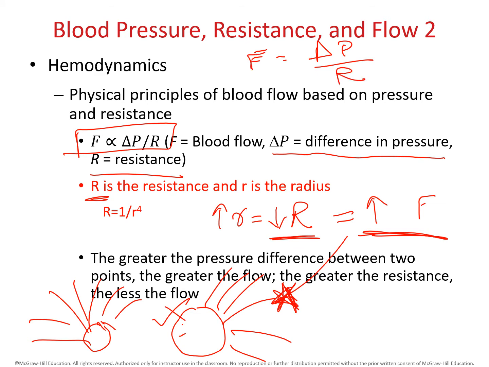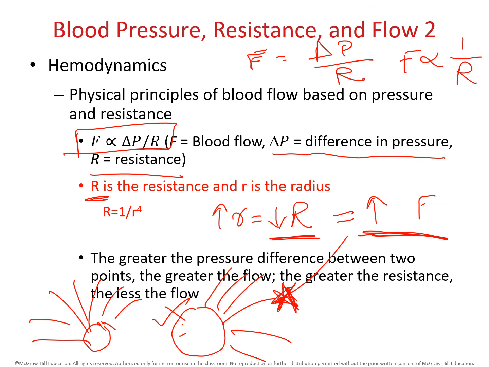So if you just look at the formula and if you've taken a little bit of math, you can tell that the flow is inversely proportional to the resistance. You decrease the resistance and you increase the flow. You increase the resistance and then flow decreases. They are opposite to each other, okay?